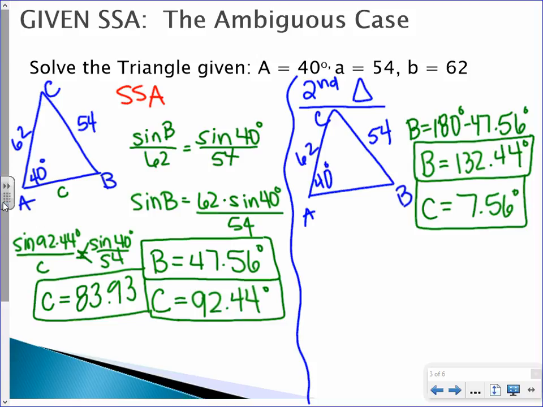Okay. So now to find side C, we're going to take the sine of 7.56 degrees over C and set that equal to the sine of 40 degrees over 54.